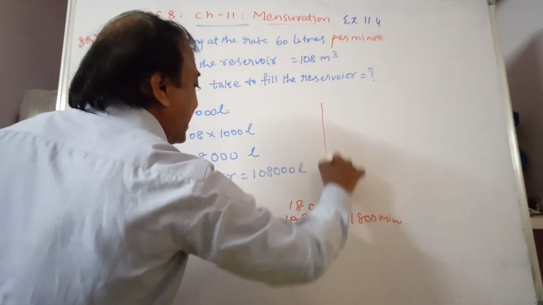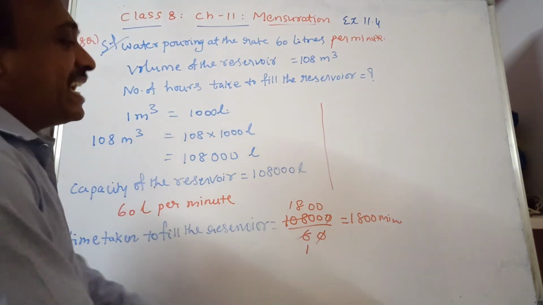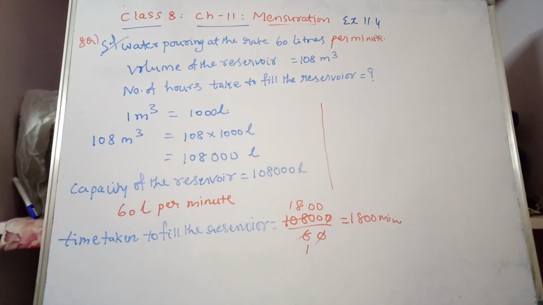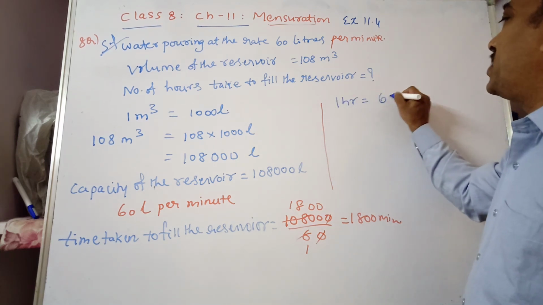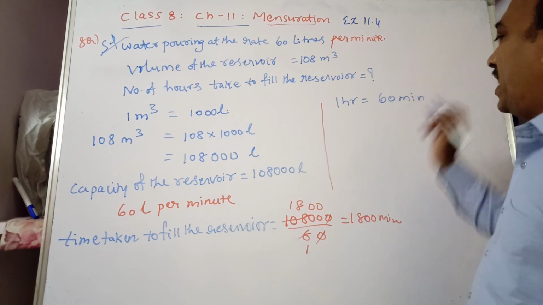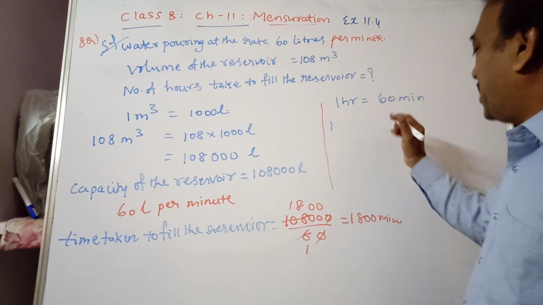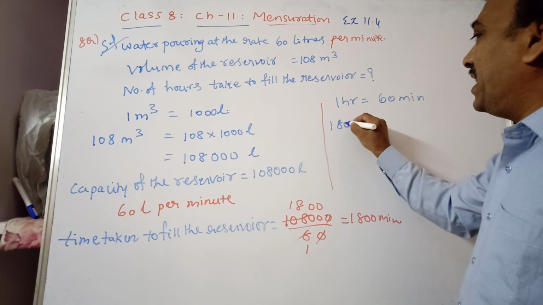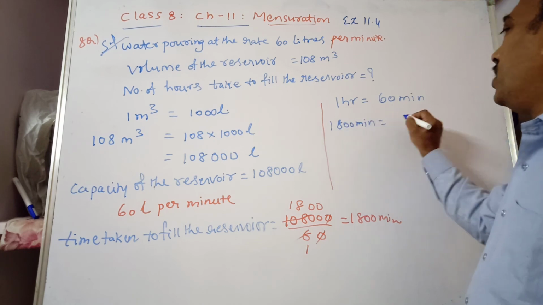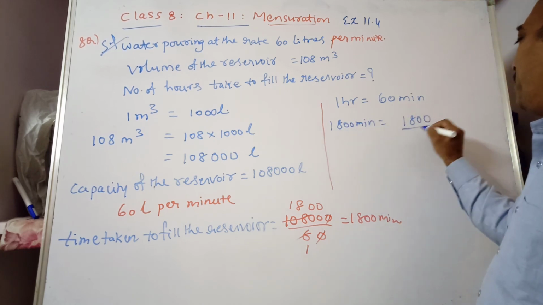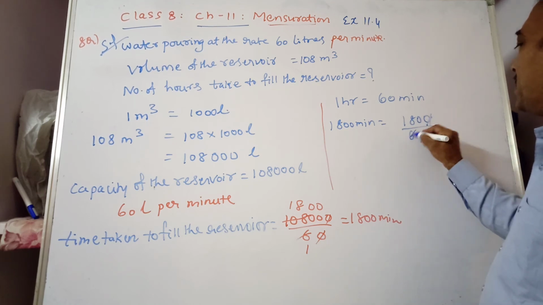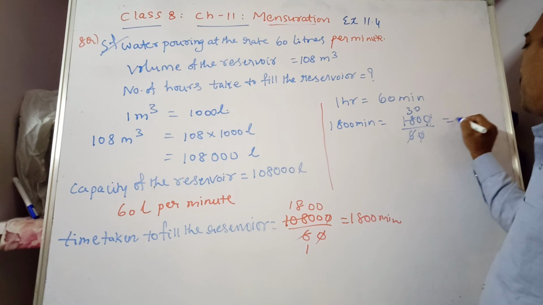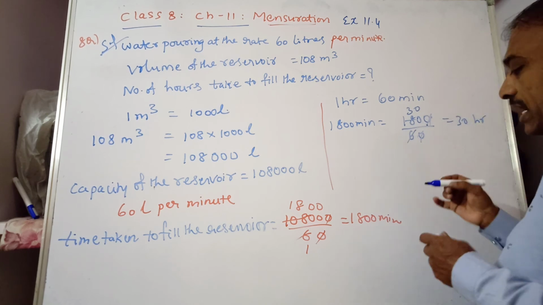But he is not asking in terms of minutes. He is asking how many hours it takes. So 1 hour is equal to how many minutes? 1 hour is equal to 60 minutes. 1800 minutes is equal to 1800 divided by 60. The 0 gets cancelled, 6 30s are 180, which is equal to 30 hours.